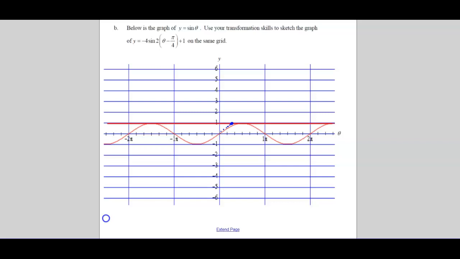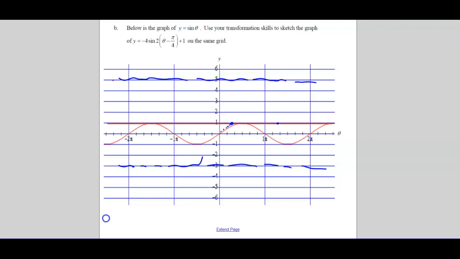Pi, right? So that means that this point here, pi units later, has to be the same. We have to get a complete cycle in there. What did we say the range was? We said the range was from negative 3, so from here to positive 5.